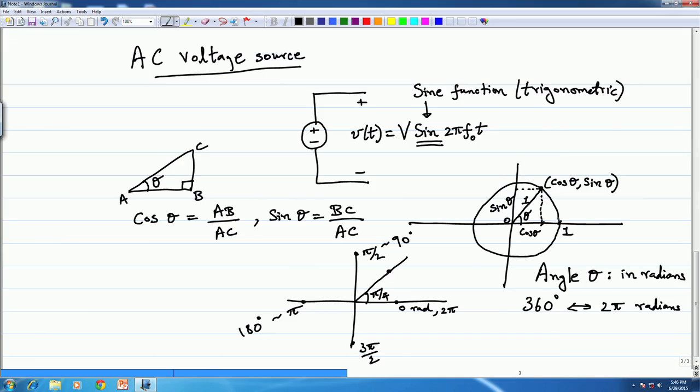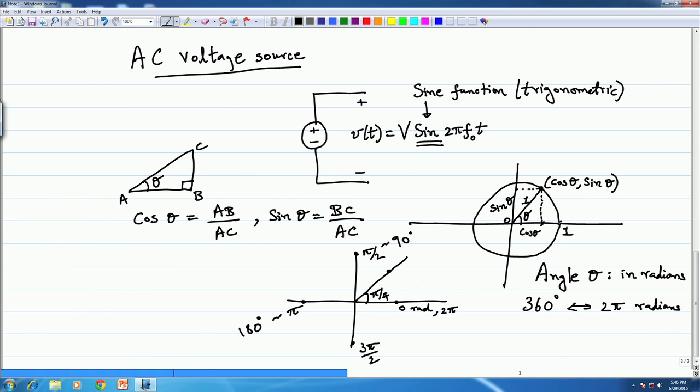So, now you can quickly see that as I increase theta starting at 0, cos theta starts at 1 and slowly starts decreasing. When I get to pi by 2, cos theta becomes 0. Look at what happens to sin theta. When I start at theta equal to 0, sin theta starts at 0, and then as I increase to pi by 2, sin theta becomes 1. Okay.